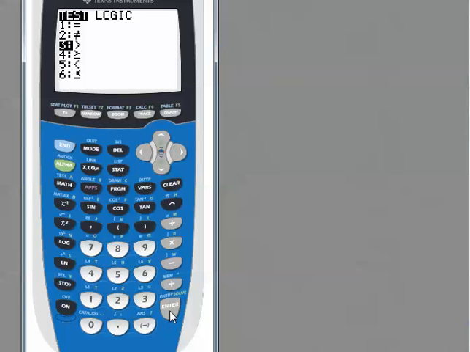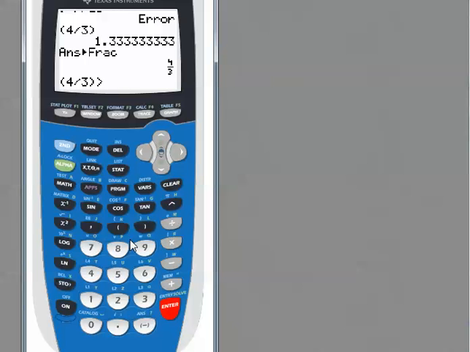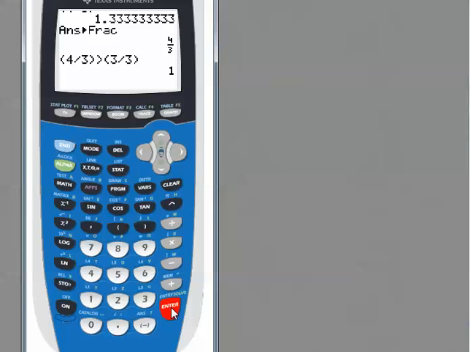So now it says 4/3 greater than, and I'm going to say, how about 3/3? Is 4/3, this is my question to the calculator, is 4/3 greater than 3/3? Let's see. Well, 4/3 is obviously greater than 3/3, so I got a 1 back. When it's not true, I will get a 0 back.